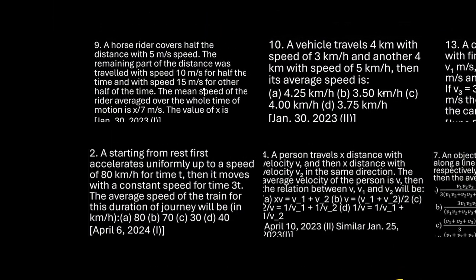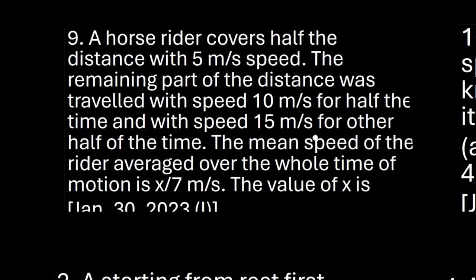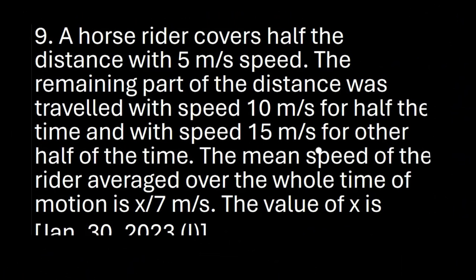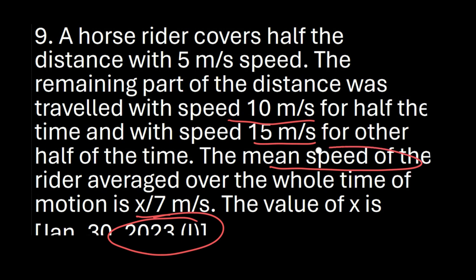Now, when we come to 2023, let's see what we have here. So 2023, January, what we see is speed of 10 meter per second, 15 meter per second. The whole time of motion is x by 7. Then the value of x is the mean speed of the rider averaged, which again stands for average speed.